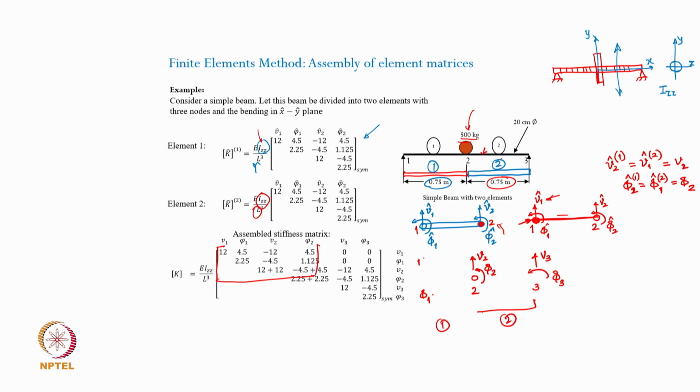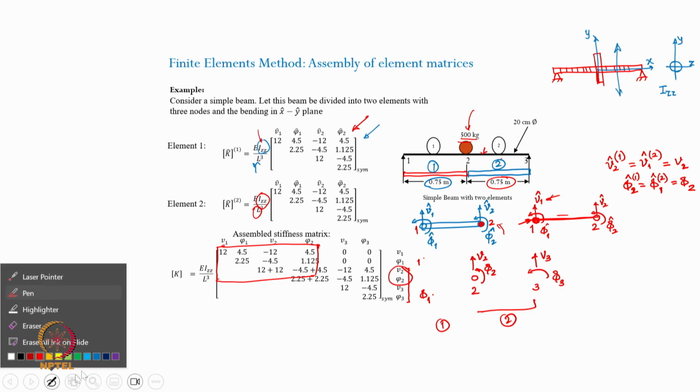This part corresponds to the first element and their individual elements are the same as, or taken directly from, the elemental stiffness matrix. And what you notice here is that V2, phi2, V3, phi3 are the global nodal coordinates for the second finite element. Of course, there is an overlap of V2 and phi2 for both the first and the second element.